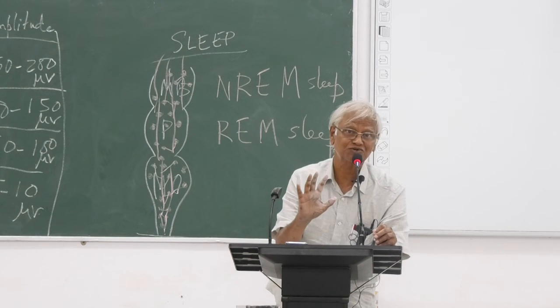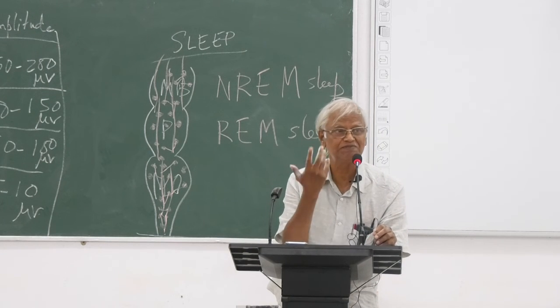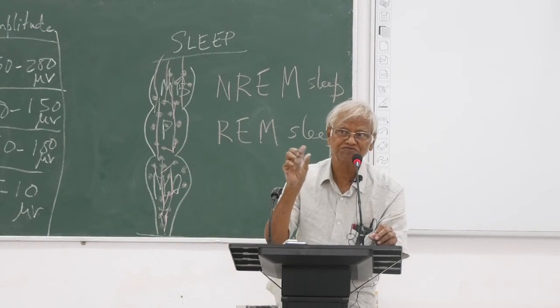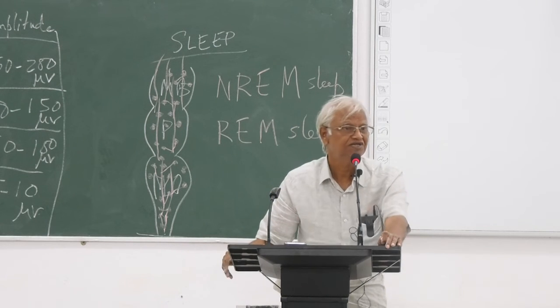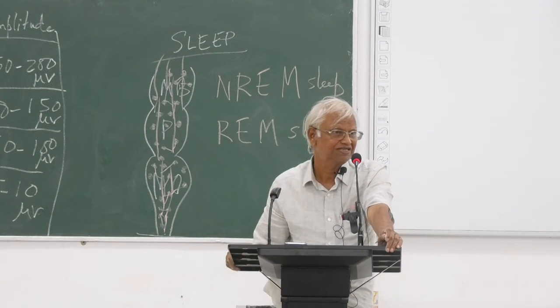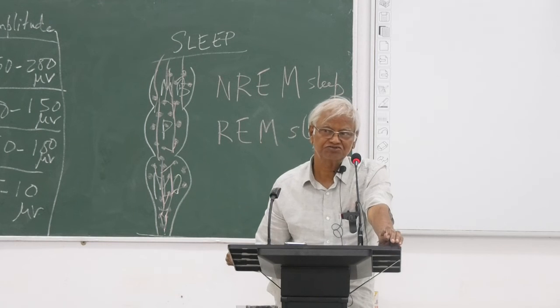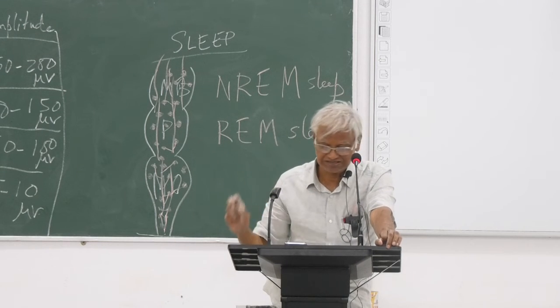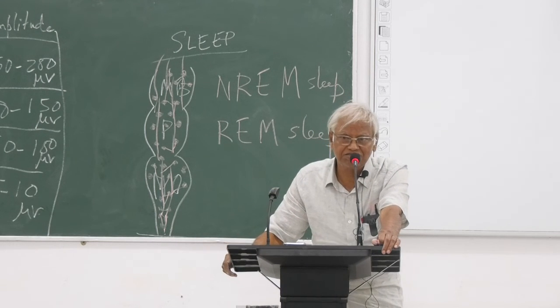The eyelids are closed, but still you will be able to see that something is moving beneath or behind it. The eyeballs are moving very rapidly. So this is called rapid eye movement sleep.